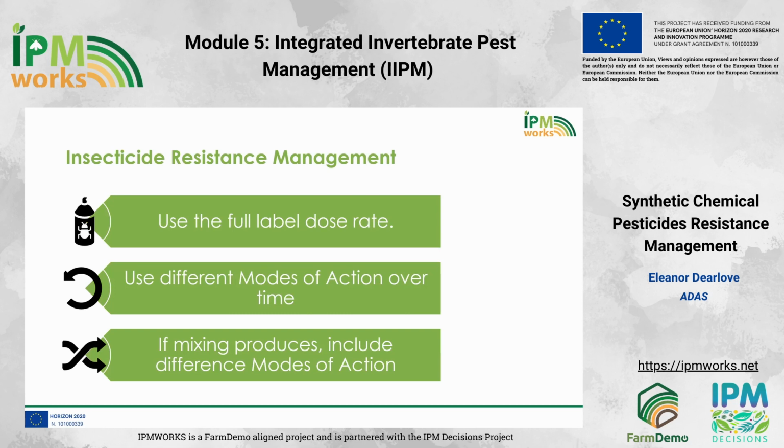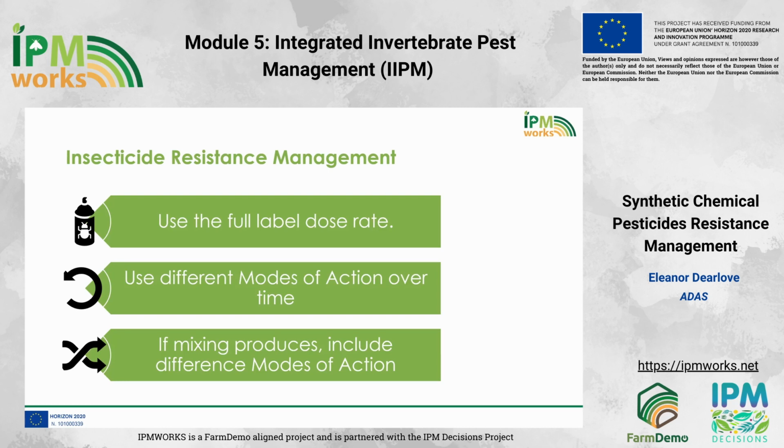Secondly, ensure a range of products are used, either over time or in mixtures. Different insecticides use different modes of action, and it is the mode of action to which pests develop resistance. We can determine the mode of action by looking at the active ingredients within the products being applied.